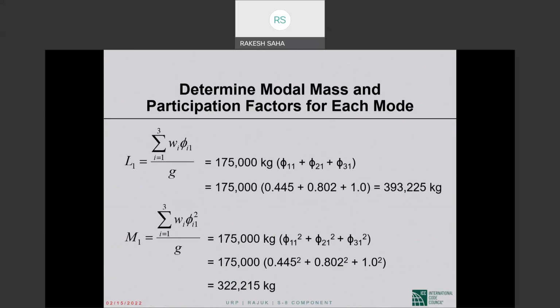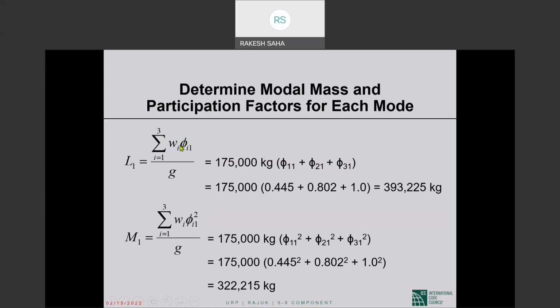Okay, the L is summation of the weight at a level multiplied by the mode shape amplitude at that level, and that quantity is summed over all the levels. The difference between L and M is here, the mode shape ordinate is squared.